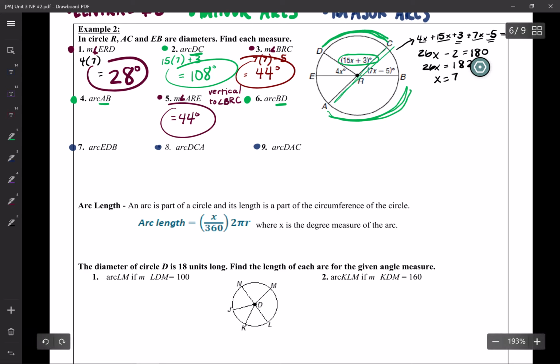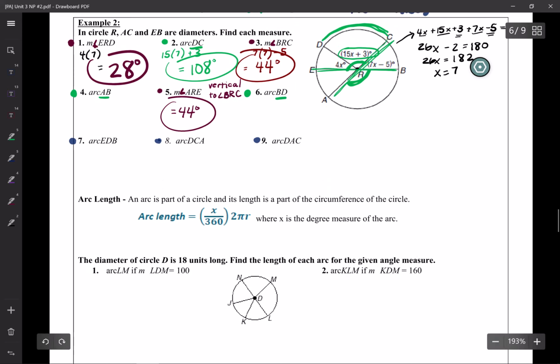Its central angle is angle BRA, and it's a vertical angle to this angle over here, so that means these two would be equal. And so to get the measurement of BRA, all I have to do is add angle DRC and angle DRE to get me arc AB.